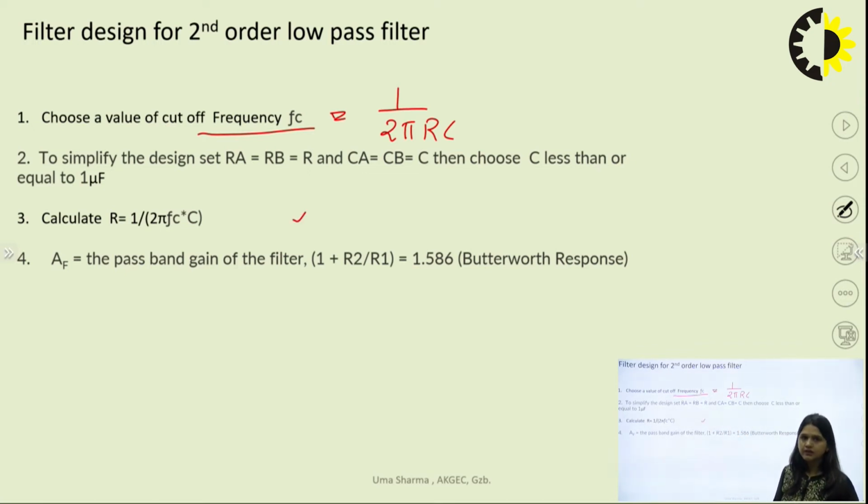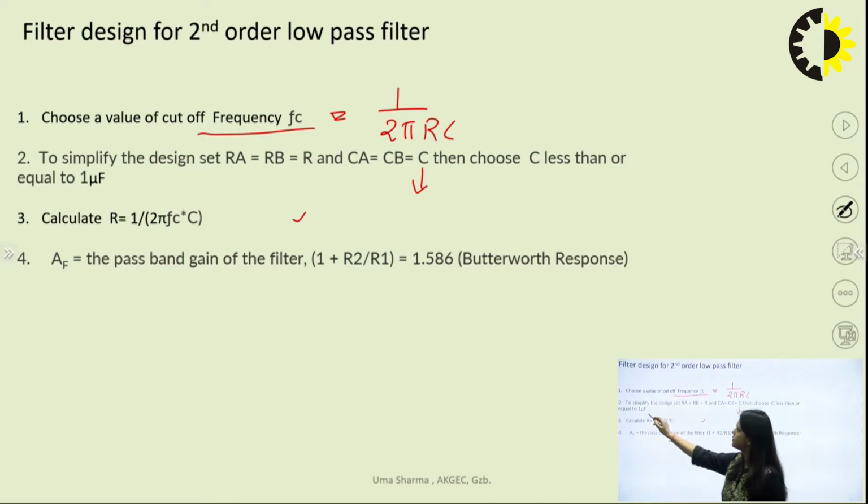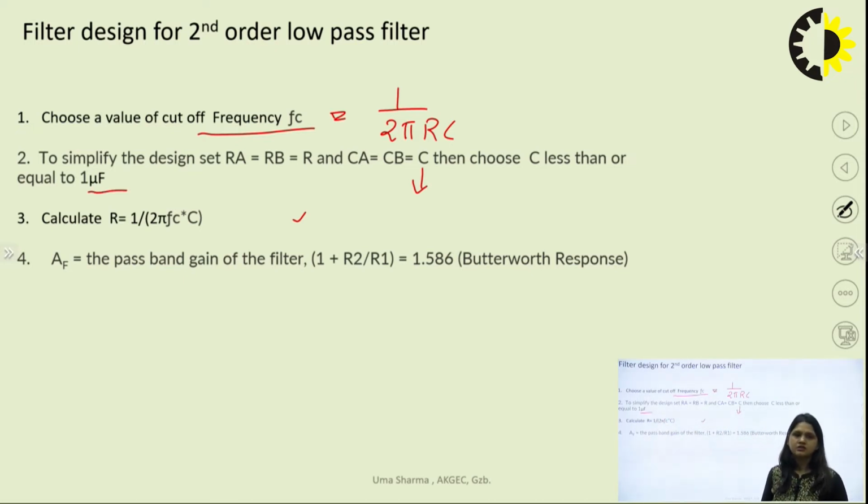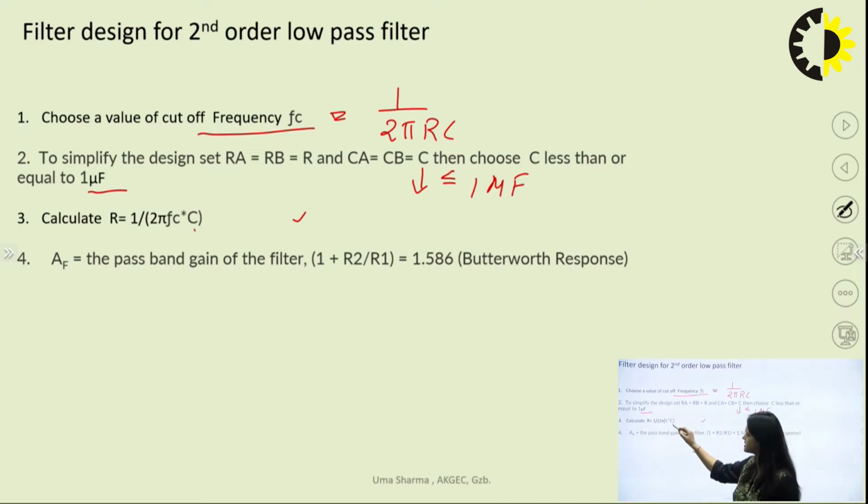Now choose the capacitor less than or equal to 1 microfarad. We have assumed that CA equals CB and that is less than or equal to 1 microfarad. So you can take any value which is less than 1 microfarad and by putting this value in this expression, you can calculate the value of R.